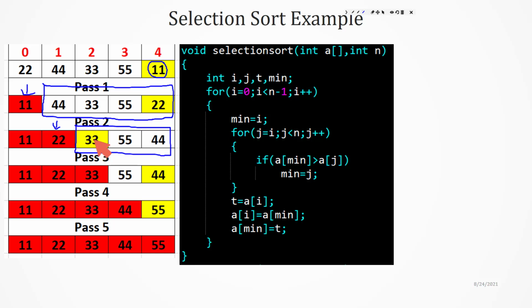It is 33. Put it in the correct position, that means it will be in the earlier position itself. Then we have to look at 55 and 44. 44 is the smallest. Put it in the correct position. And 55, only one element, it is the minimum, so put it in the correct position. So this is the example.